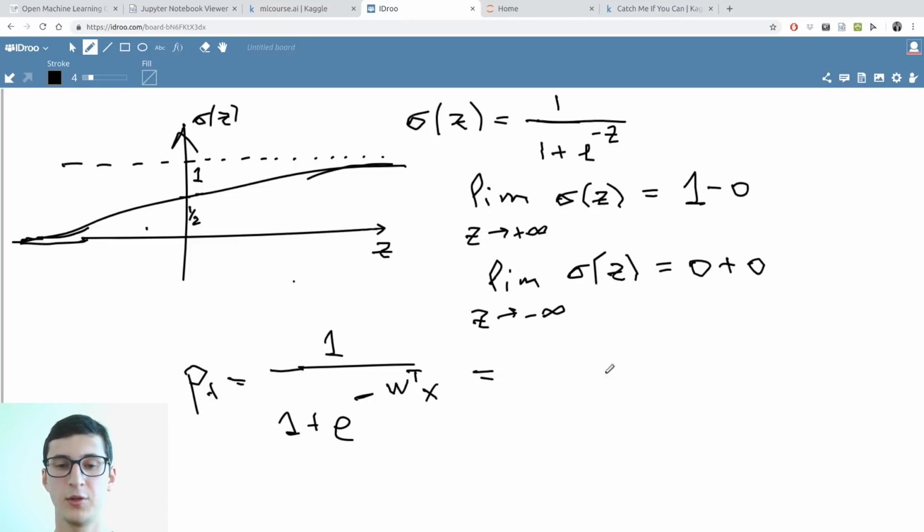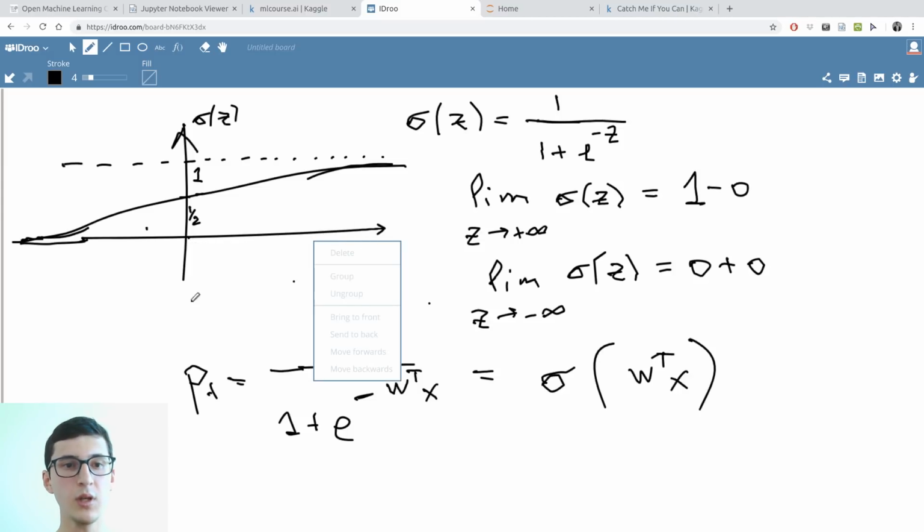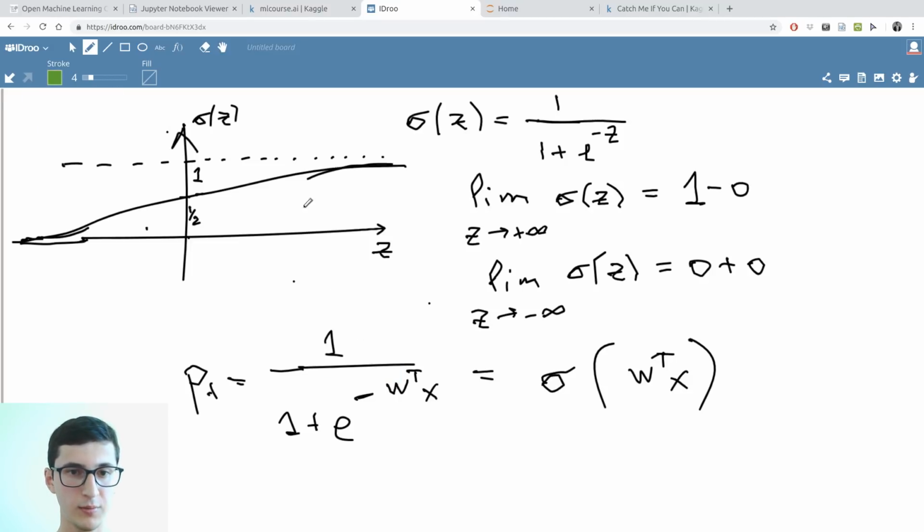Or simpler, it just calculates w transposed x and applies the sigmoid function to this expression. What it means is that logistic regression calculates this expression z, which equals w transposed x.